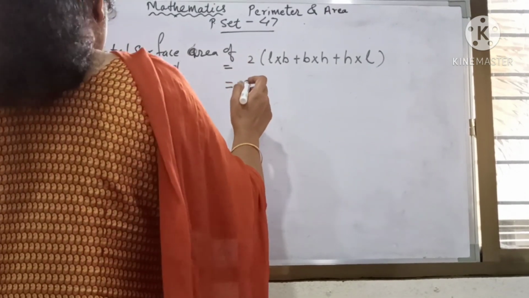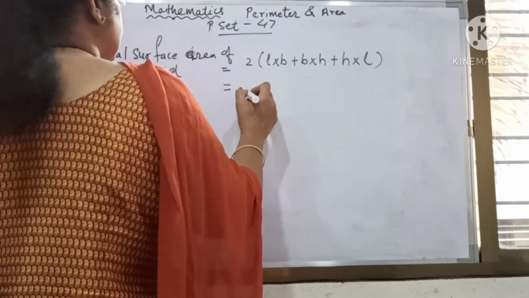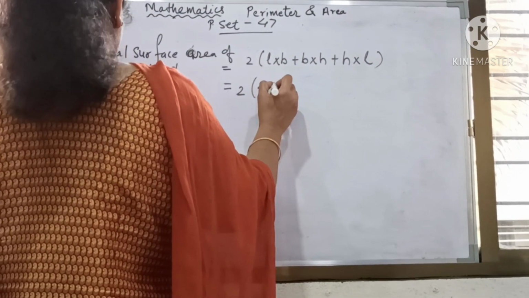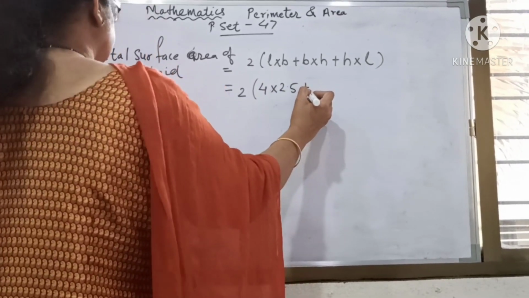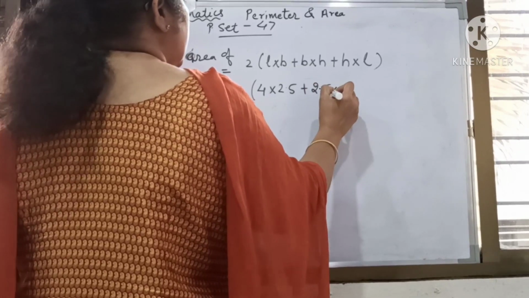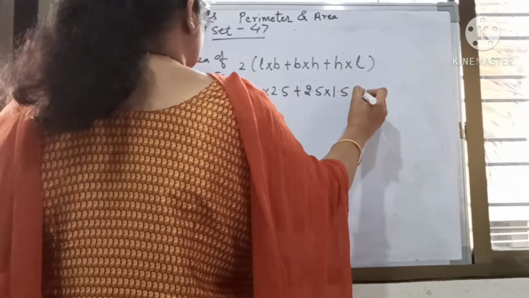So we will substitute the value. Length is given to you 4, breadth is 2.5, plus height is 1.5.